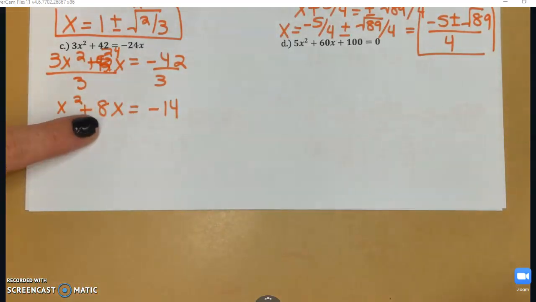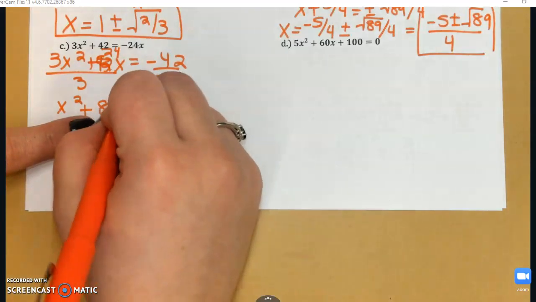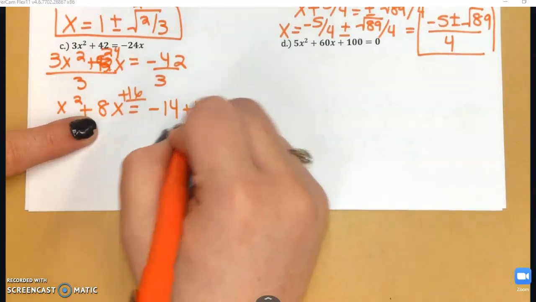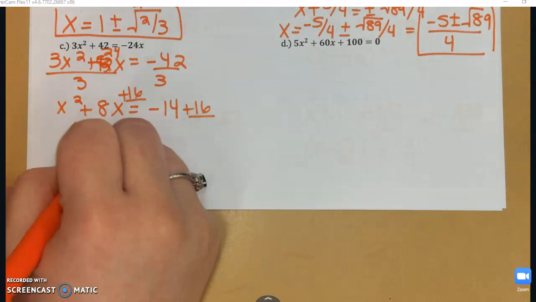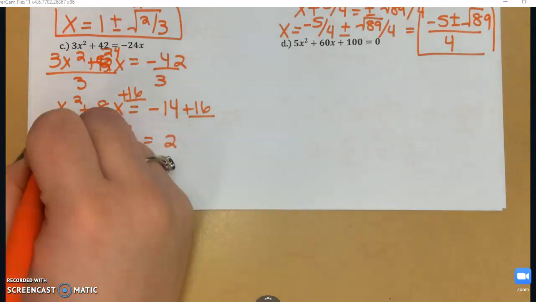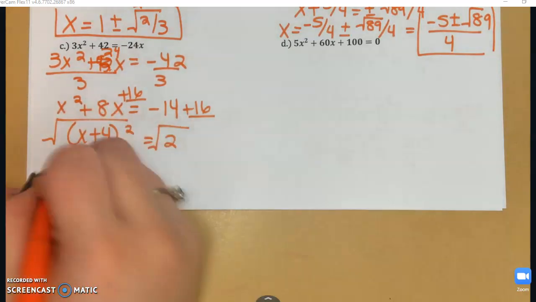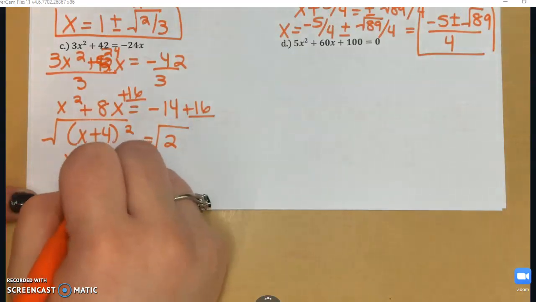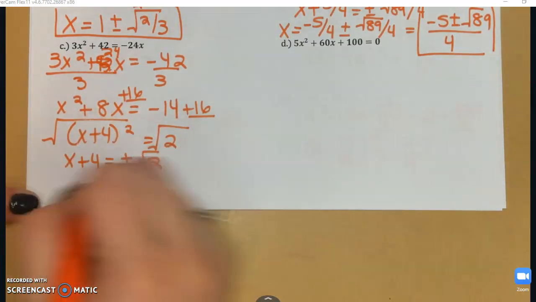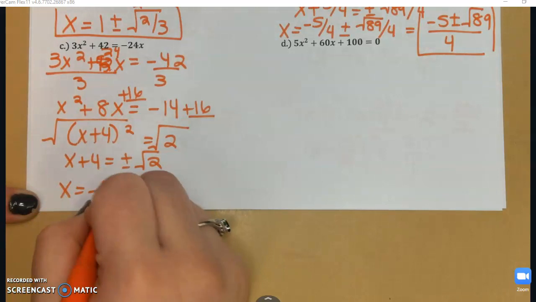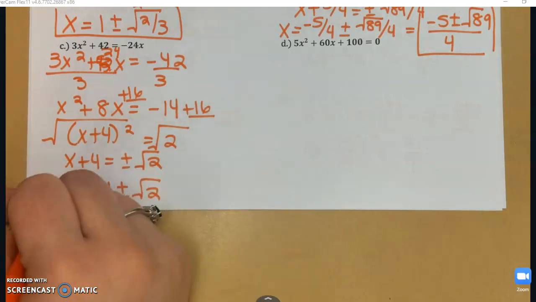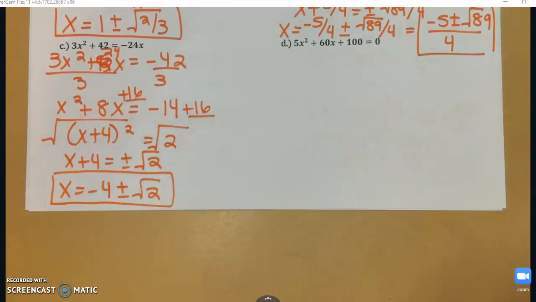All right, completing the square, half of 8 is 4, 4 squared is 16, so I'm going to add 16 to both sides. And x plus 4 squared is going to be 2. Square root both sides. Move my 4 over. And I have negative 4 plus or minus the square root of 2.